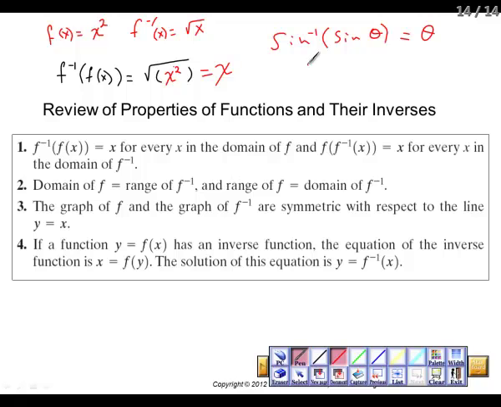And so if we had sine of its inverse, theta, then again our answer is theta, depending on whether or not our function is in the domain. And so we would have to take a look and see that.